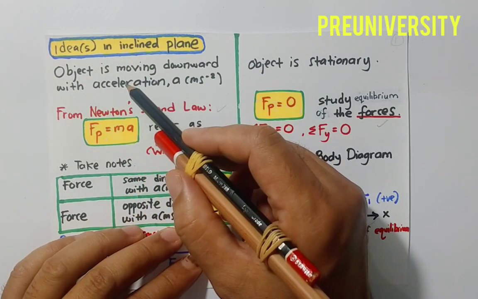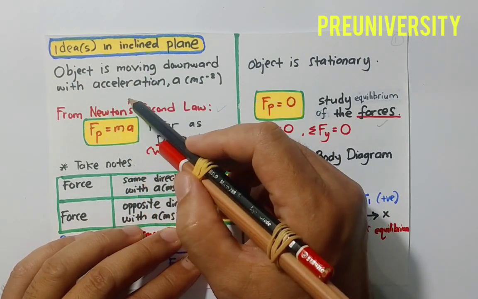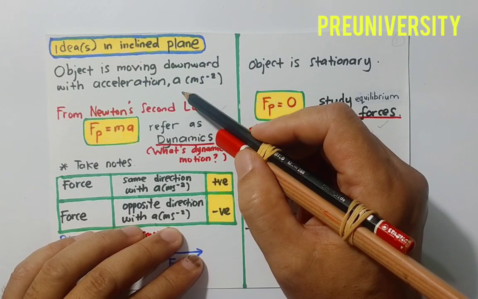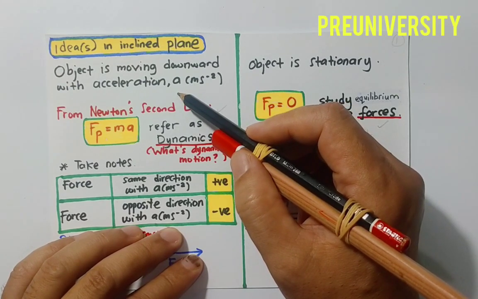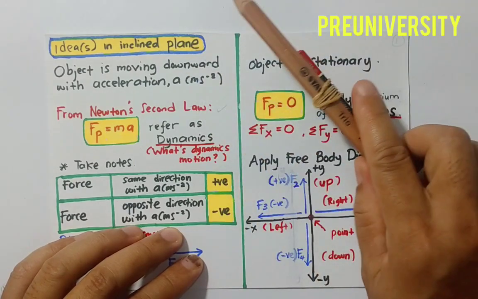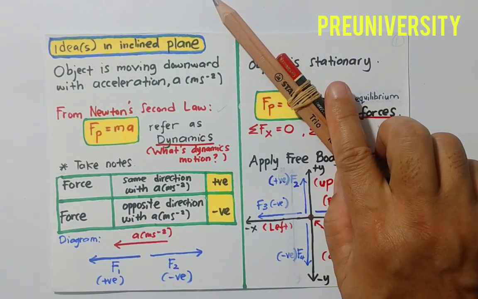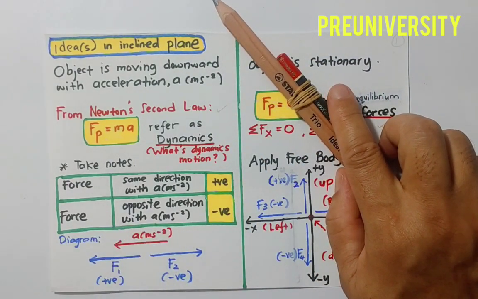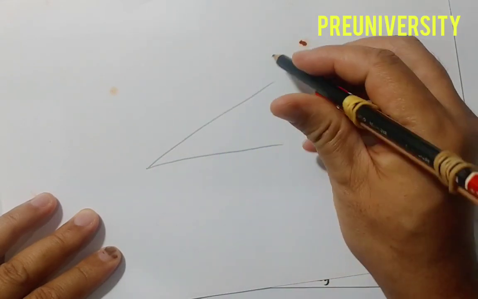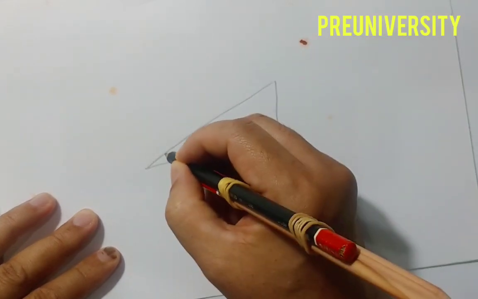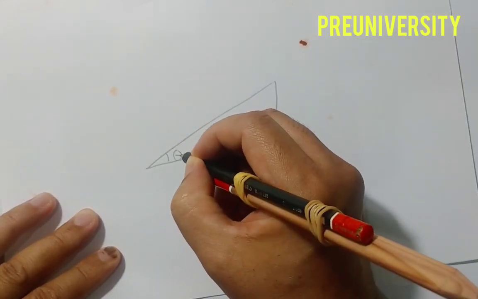The object is moving downwards with acceleration A. So this means from the inclined plane, the object is moving downward. For example, here is the inclined plane, with angle theta to the horizontal.